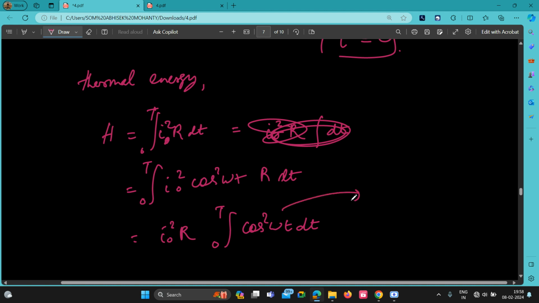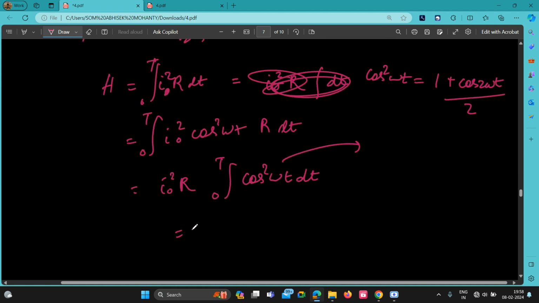How can I write cos square omega t? 1 plus cos 2 omega t by 2. Put it then. I naught square R, 1 plus cos 2 omega t whole divided by 2, integration from 0 to T dt.